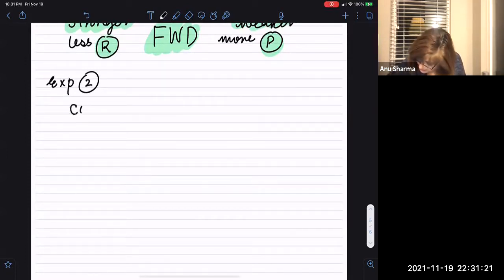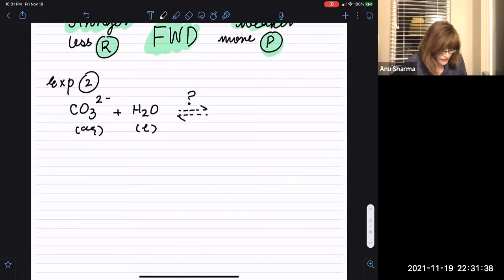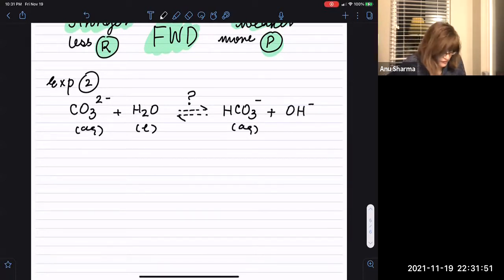Carbonate, CO3 2- aqueous, reacting with H2O liquid, and we're trying to find the direction of the equilibrium. This is going to give you HCO3 1 negative aqueous plus OH 1 negative aqueous.